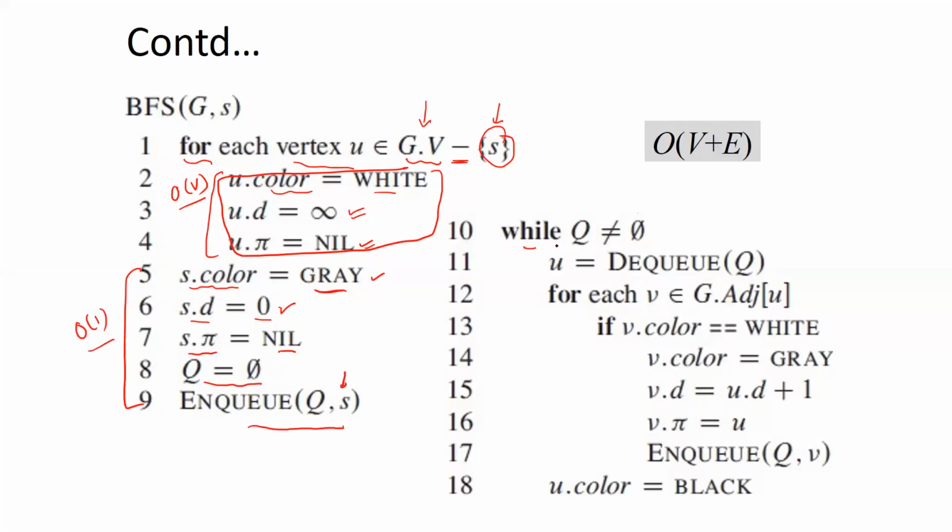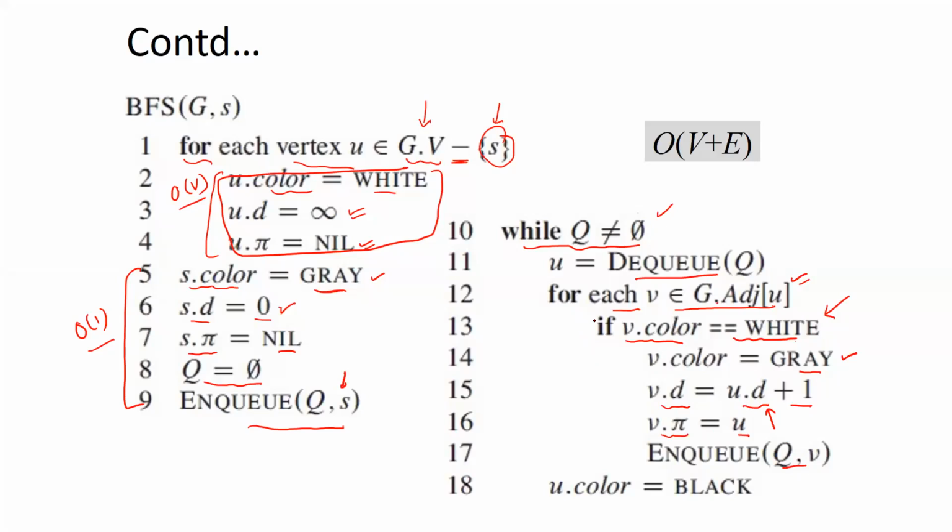Now you will be applying this procedure while Q is not empty. You will dequeue an element u, and for each vertex adjacent to that u, check if that vertex is not visited yet, not discovered yet. If it is white, set it to gray, enter it into the queue, set its distance as the distance of its predecessor plus 1, and set the predecessor of that node as u.